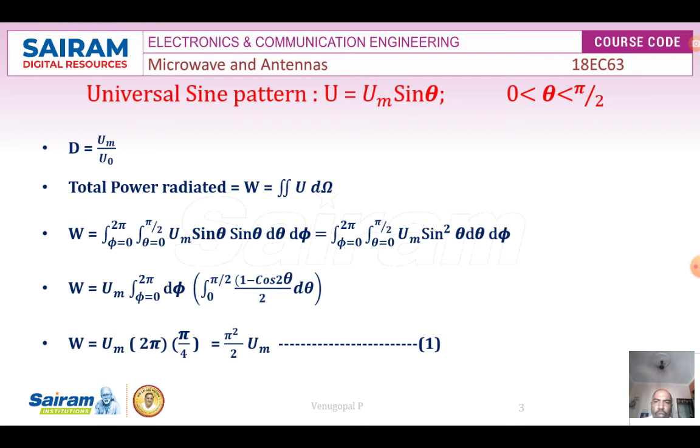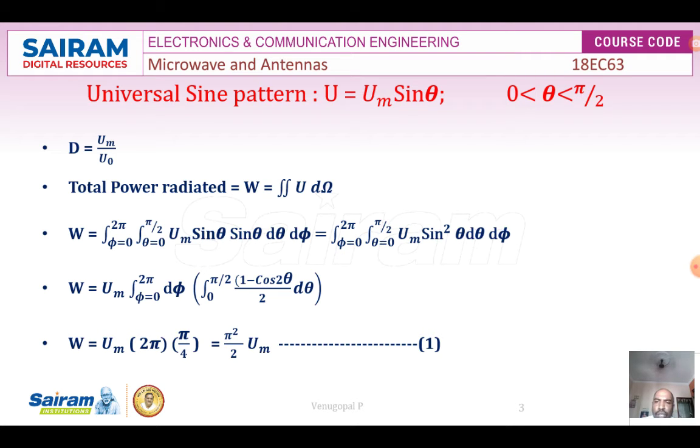W becomes equal to Um into the integration of phi from 0 to 2 pi of d phi, and express sin square theta in terms of cos 2 theta, because we know the formula in trigonometry that cos 2 theta is equal to 2 cos square theta minus 1 or 1 minus 2 sin square theta. So from that we can replace sin square theta by (1 minus cos 2 theta) by 2 and integrate with respect to d theta.